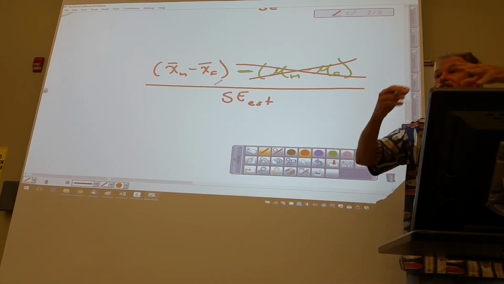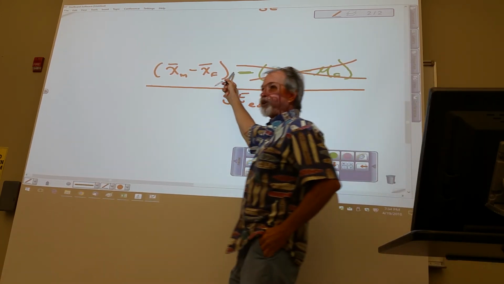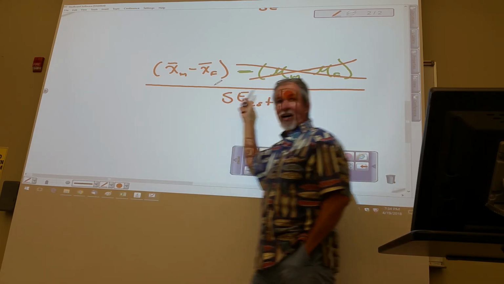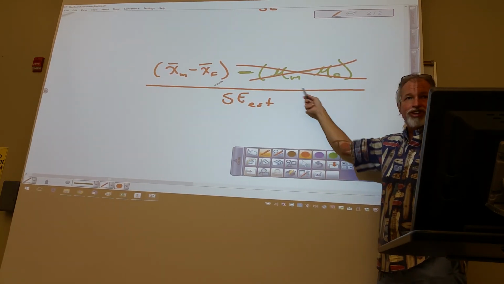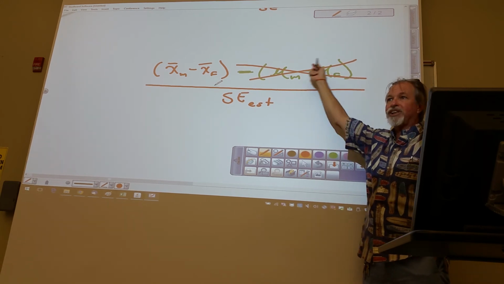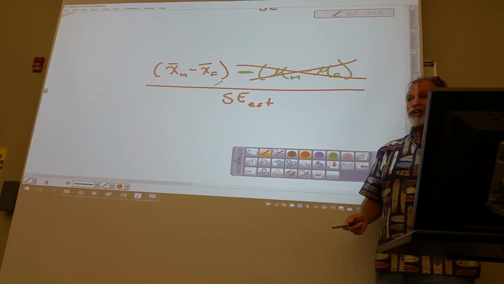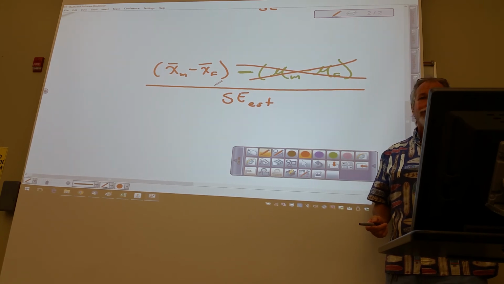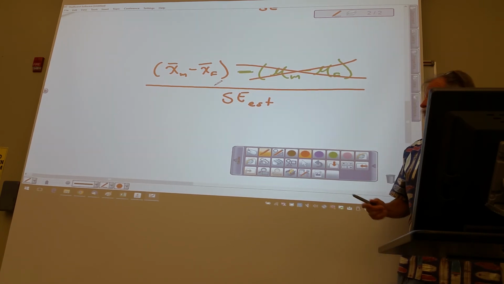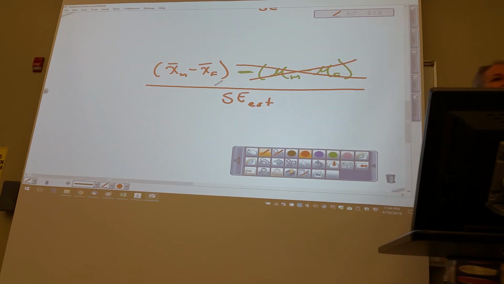But remember, it's the same form, isn't it? We're dealing with the difference of the sample minus the difference of the population. But this is just 0, always will be, because that's what the null hypothesis says, right? That they're equal. So it is not as scary as it actually looks.